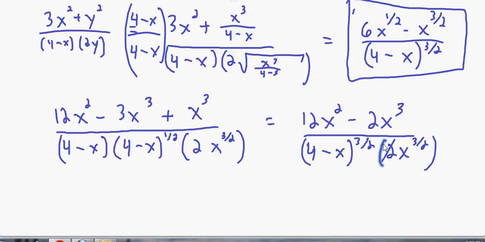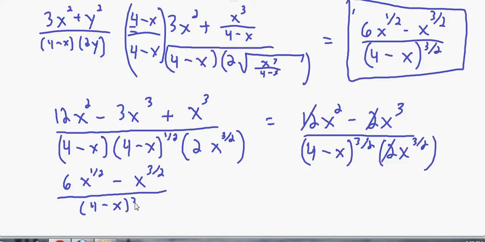Dividing everything by 2 becomes 6 and 1. And dividing by x to the 3/2, x squared divided by x to the 3/2 is x to the 1/2. X cubed divided by x to the 3/2, this is 6/2, so minus 3/2 is 3/2. And you can see we are going to get the same exact thing.